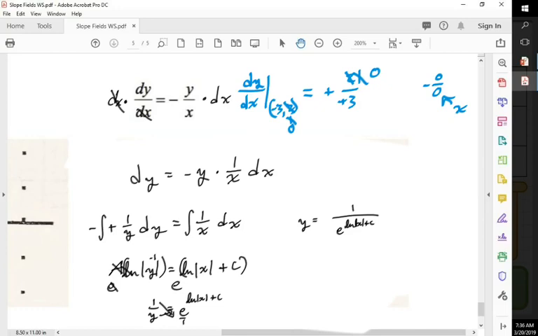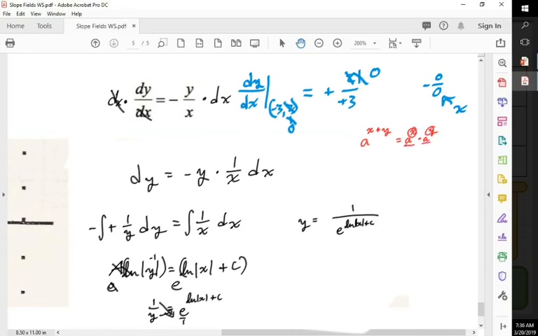If you guys remember your exponential laws, they would say something like this. If you had, let's say, a raised to the x plus y, that's the same as saying a to the x times a to the y. And what do you do with these exponents when you multiply common bases?